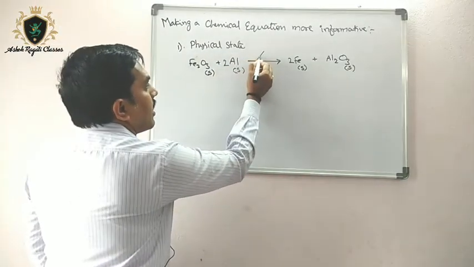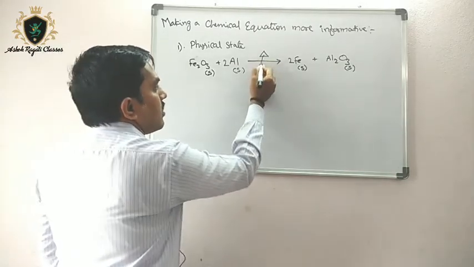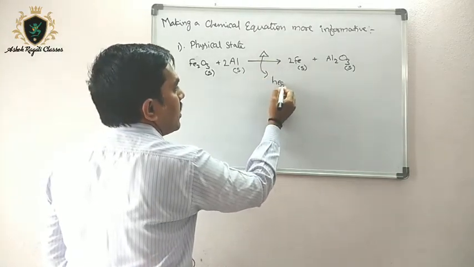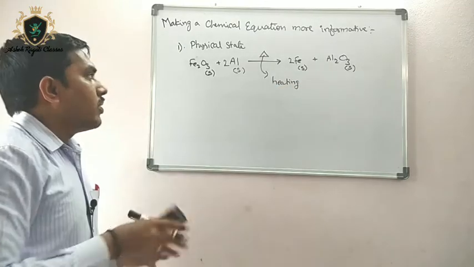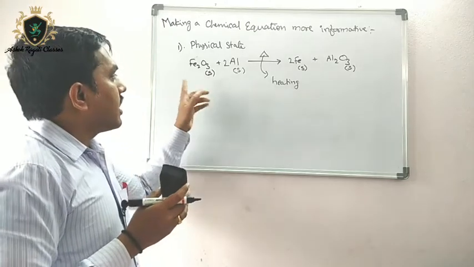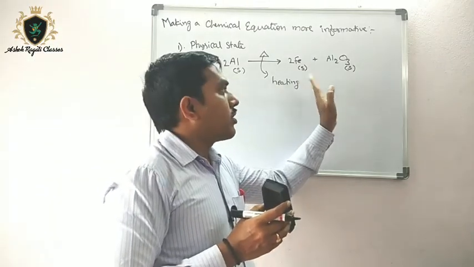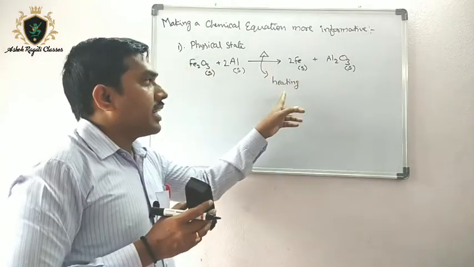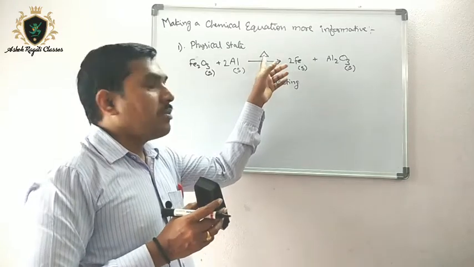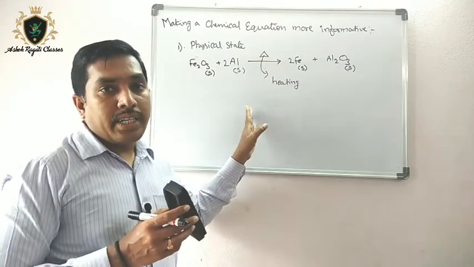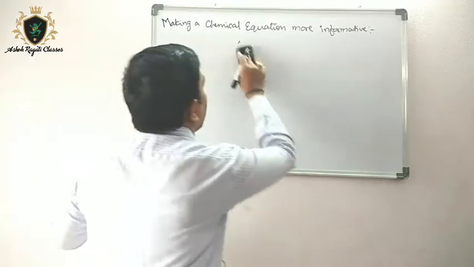Here one delta symbol, a triangle symbol, is used for heating. From this equation we come to know that the reactants are in solid state, and the products also come in the solid state after heating the reactants. Remember, this symbol is used to represent heating.